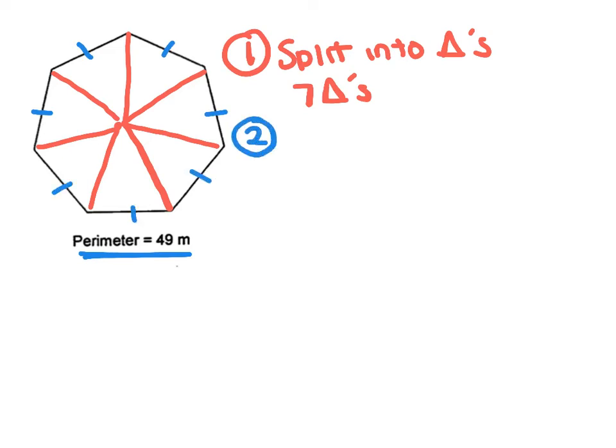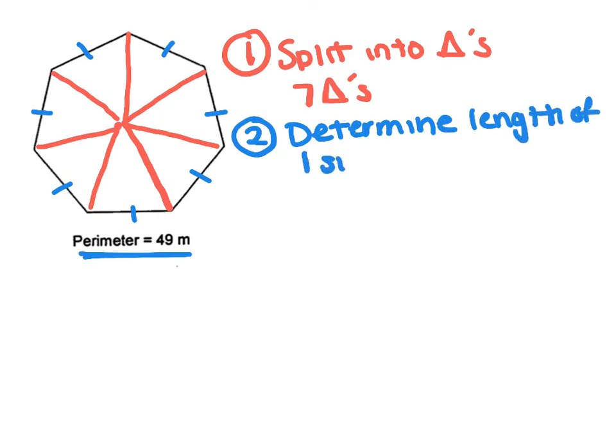So the next thing we would do is determine the length of one side. So in order to do that, you would do the perimeter divided by the number of triangles.